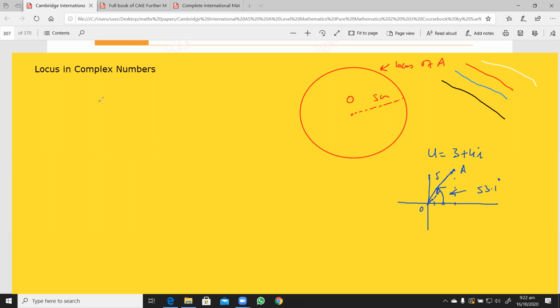Now, imagine you are just given that there is a complex number z whose modulus is 5. Show the locus of the complex number whose modulus is 5. We just have the modulus, but we do not have the argument. So what would you say? This would be a circle. Now look at this.